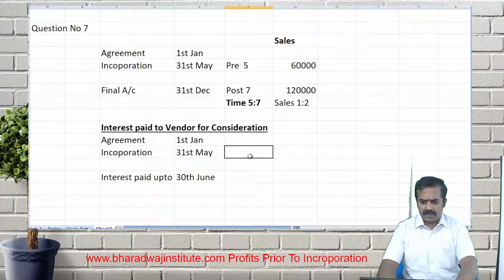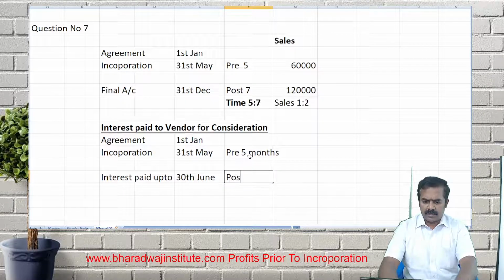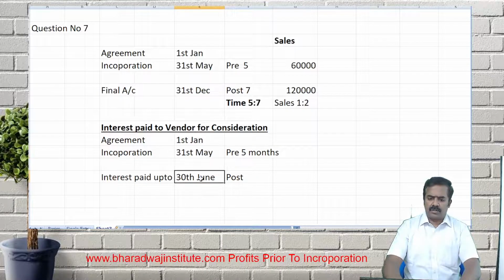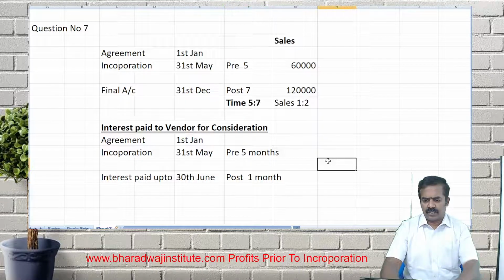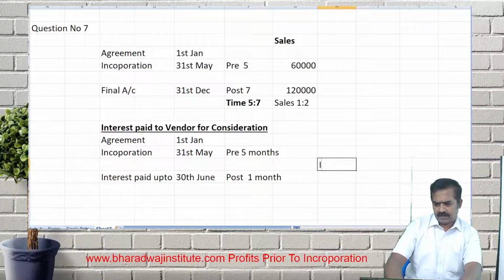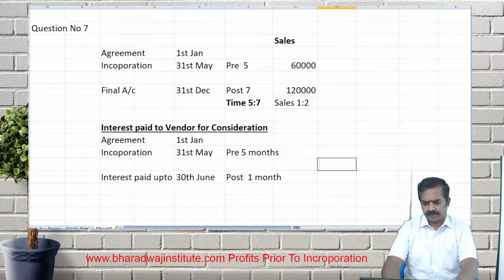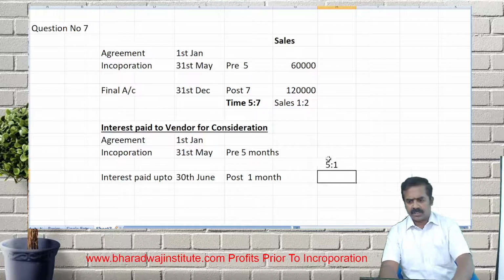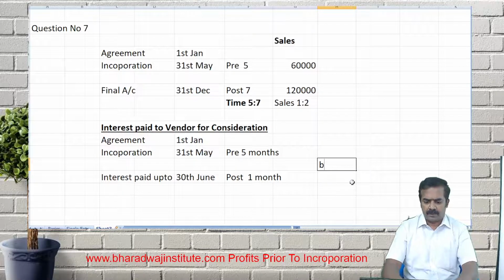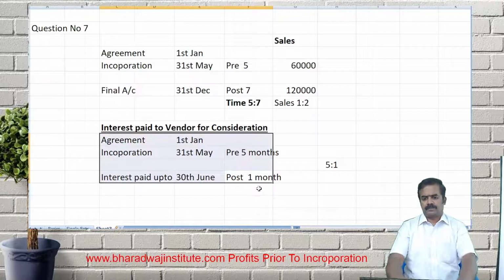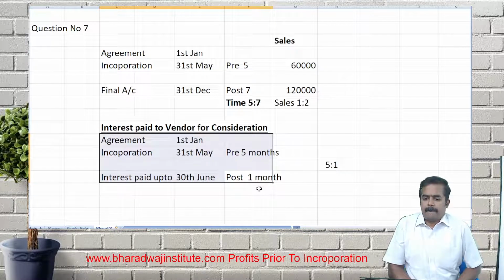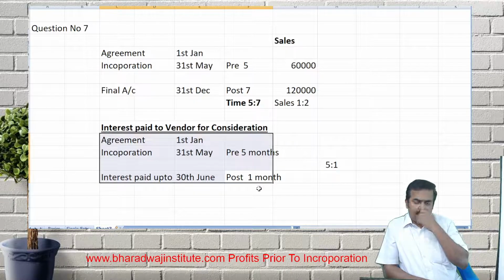So how many months pre-incorporation? 5 months. Post-incorporation, 31st May to 30th June, how many months are covered? Only 1 month. So the ratio for interest to vendor is 5:1. Interest was not paid till the end of the year, only up to 30th June. So 5:1 ratio. Now you can start the statement.